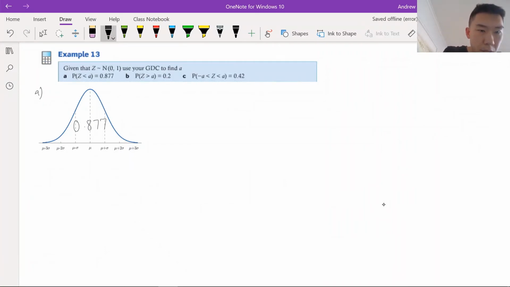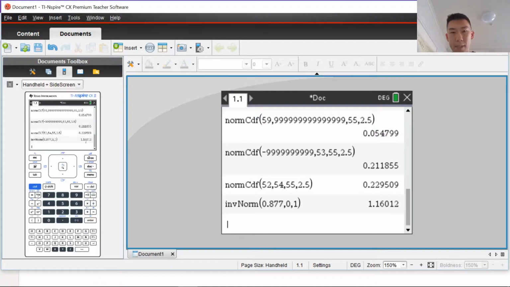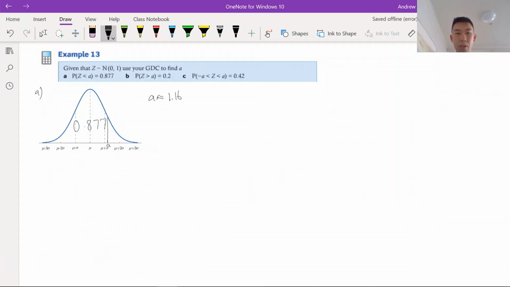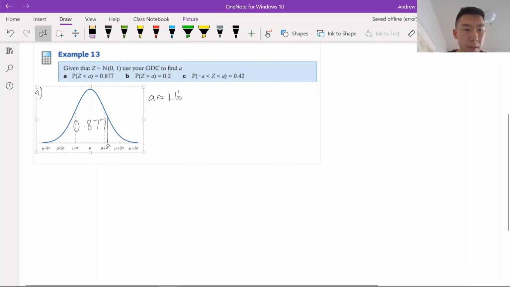So where I put it was very wrong. So 1.16 would be here somewhere. Alright, there's A. For probabilities we usually go 3 or 4 decimal places. For the z-score or the value of the variable, we usually do 2 decimal places.